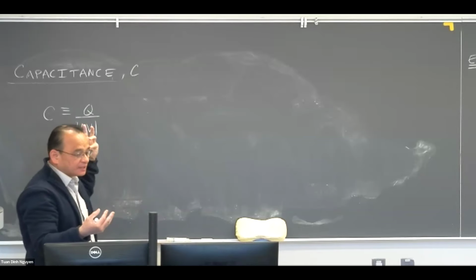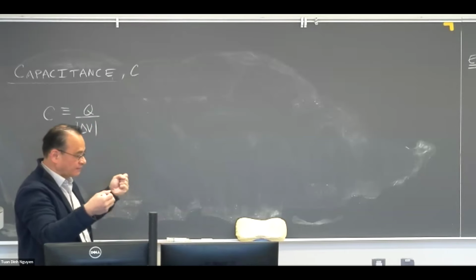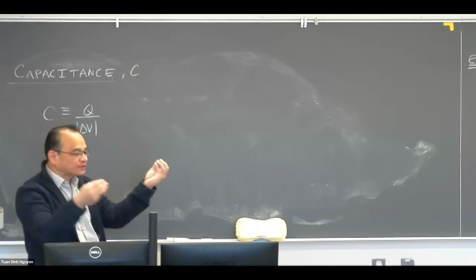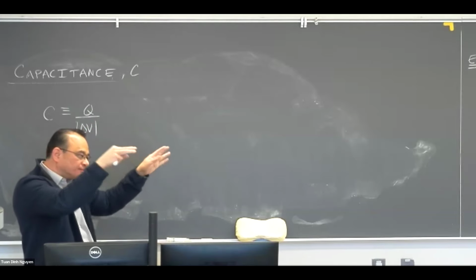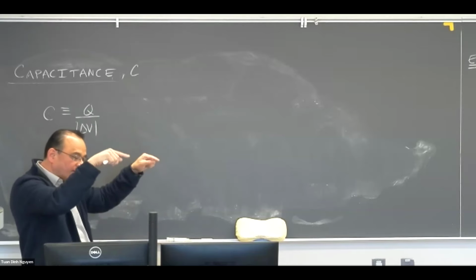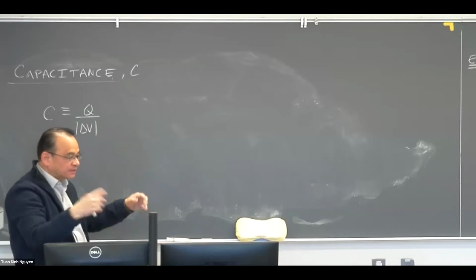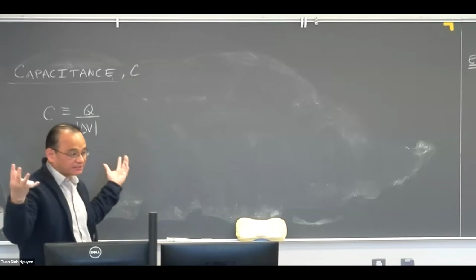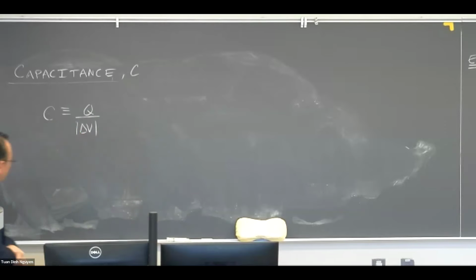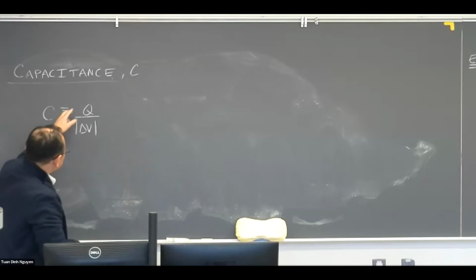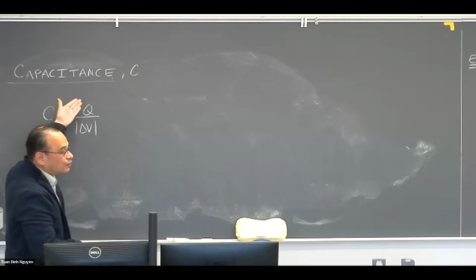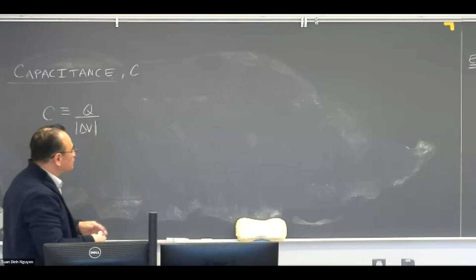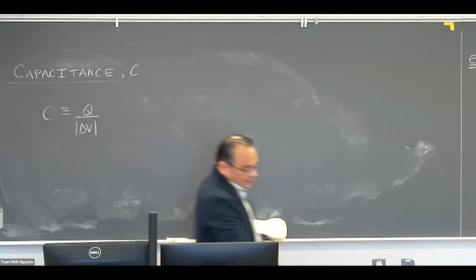If it took me 1,000 volts to get 1 coulomb there, that means it's low capacitance. But if it only took a volt to bring a coulomb there, then it's high capacitance, right? So that's the basic definition. You also think of it as coulomb per volt, kind of a density thing. How many coulombs do I get per volt?